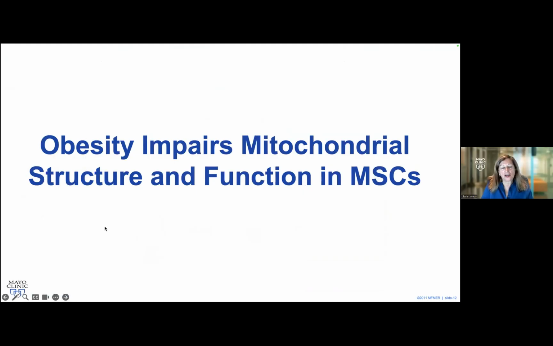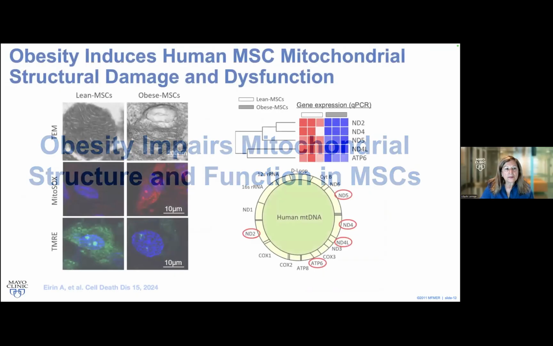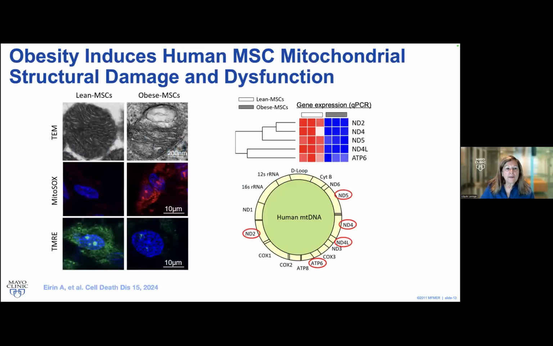In particular, we found over the years that obesity induces a specific impairment in the mitochondrial structure and function in mesenchymal stem cells. For example, in the left panel, you can see in the top images of transmission electron microscopy that show mitochondria from lean MSC compared to obese MSC. You can see that obese MSC show increased swelling and loss of cristae structure.